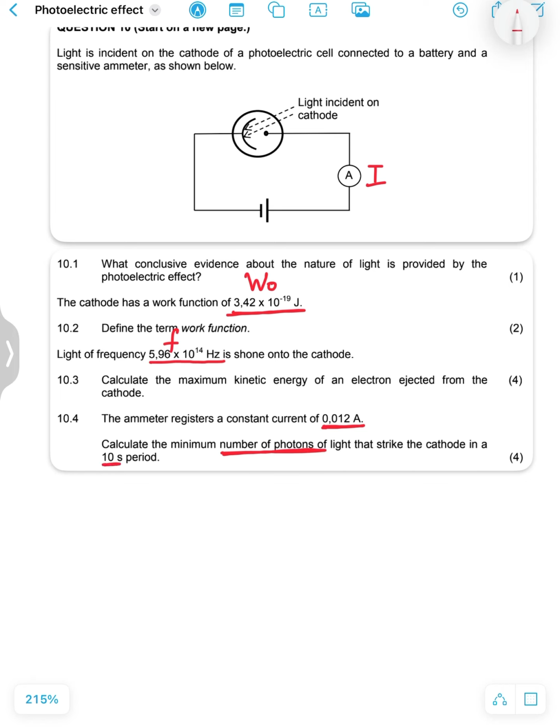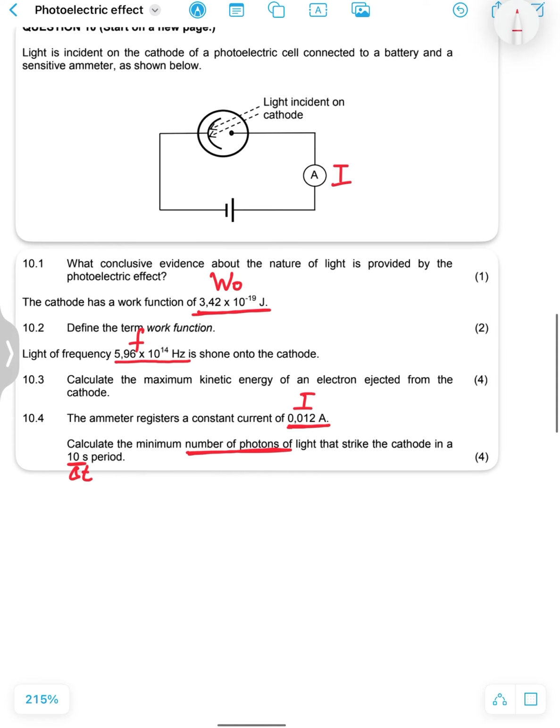So you already have the current, and you also have the time. If we are calculating the number of photons, the only way to get the number of photons is to get the number of electrons, because each photon strikes one electron, so 1 photon for 1 electron. Therefore the number of photons incident on the cathode is the same as the number of electrons that are ejected.